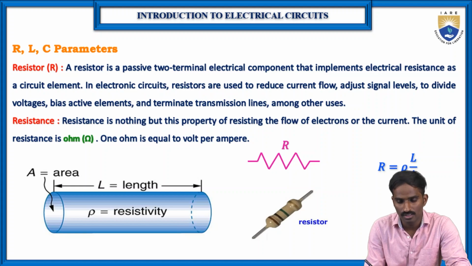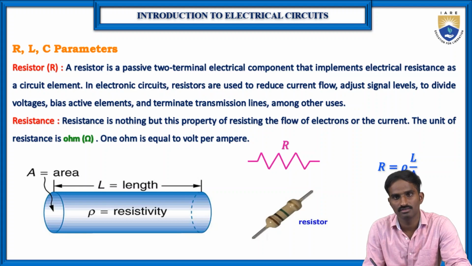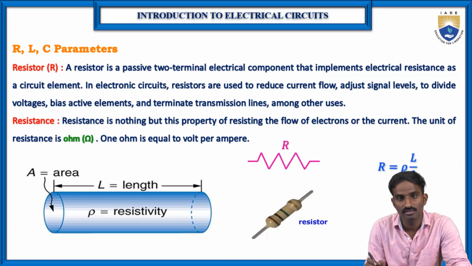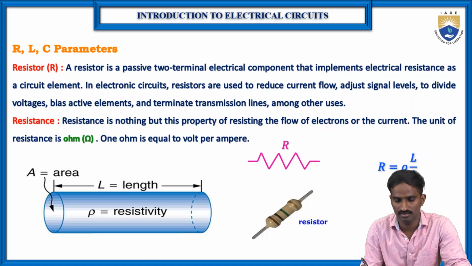The resistance of this resistor depends on the type of the material which you are using, the area of cross section of this resistor, and also the length of the resistor.